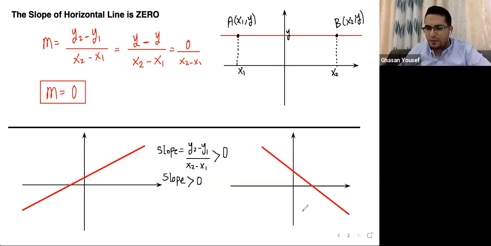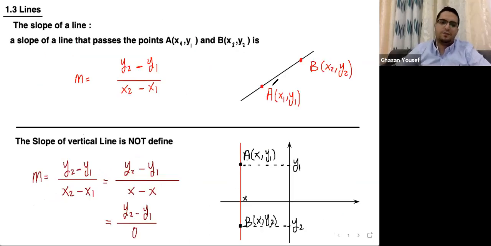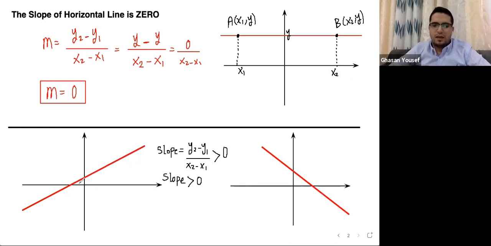Can you go back for a second? Yes, please. Yes, here you go. Okay. Any line of this shape, the slope is positive.